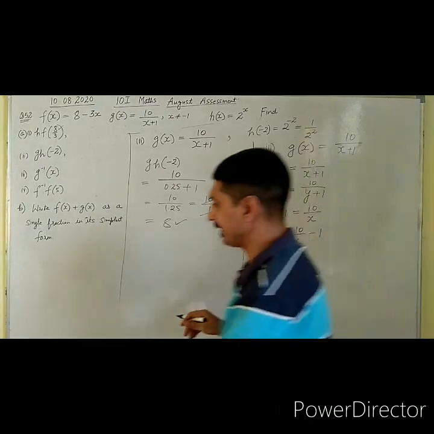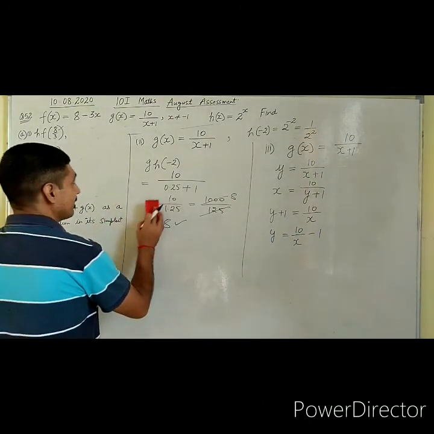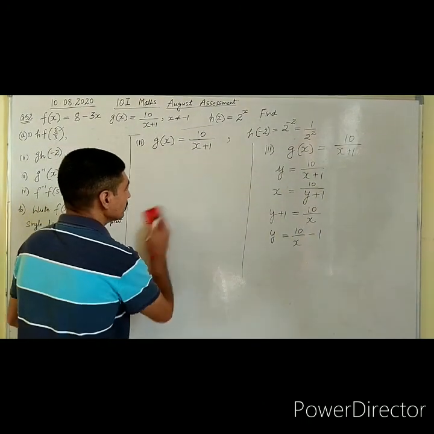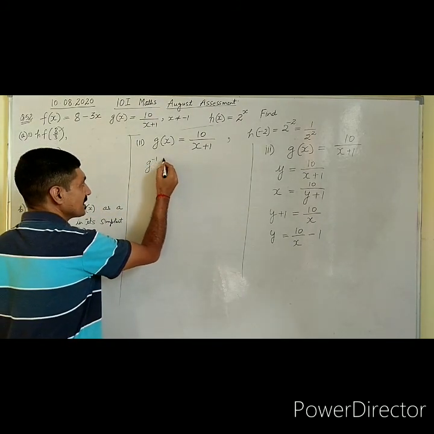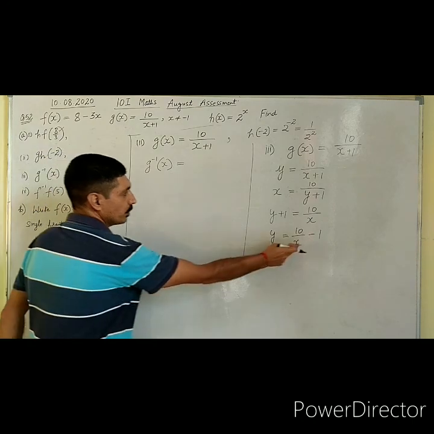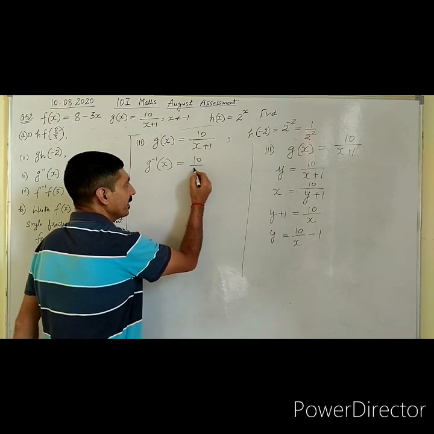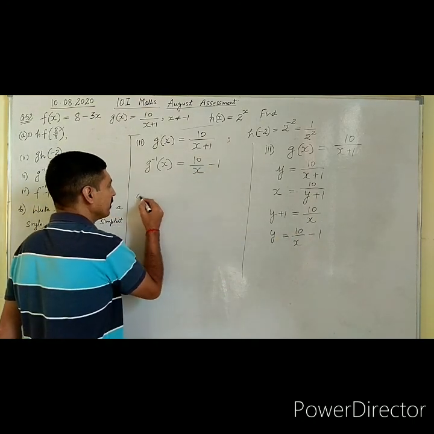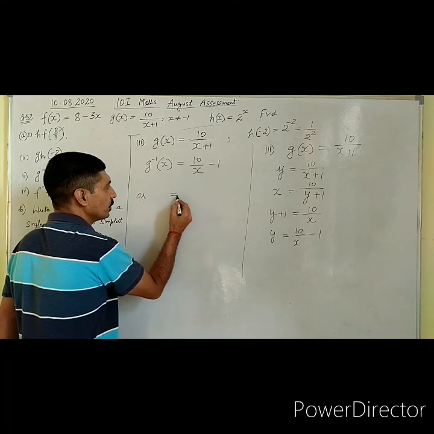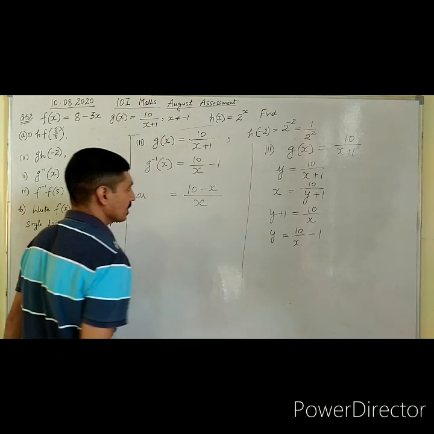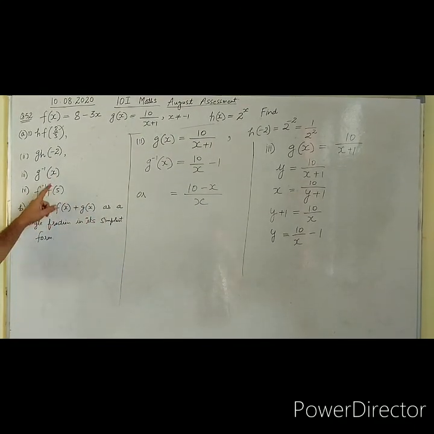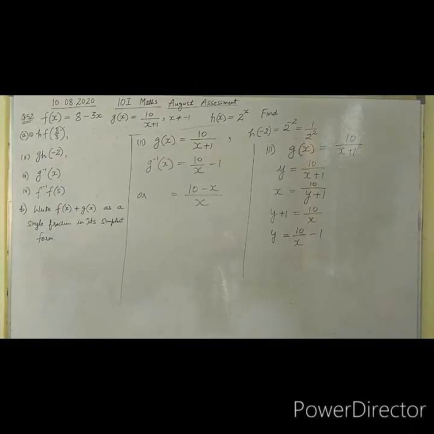We can write that the inverse of this function, g inverse of x, is equal to 10 upon x minus 1, or 10 minus x upon x. This is about the third part, and now the fourth part is f inverse of f at 5.